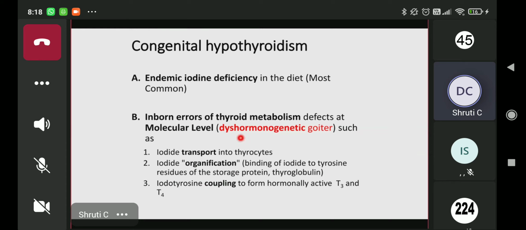Okay. Now, congenital hypothyroidism. So, either there is an endemic iodine deficiency in the endemic areas, there is deficiency of iodine in the diet, which is the most common cause of congenital hypothyroidism, or there may be an inborn error of thyroid metabolism, like in the synthesis of hormone. Like I told you the steps.